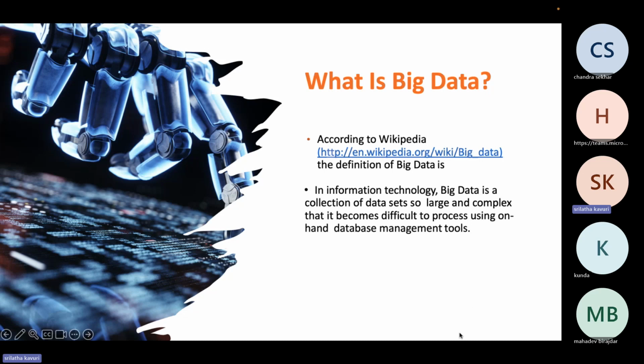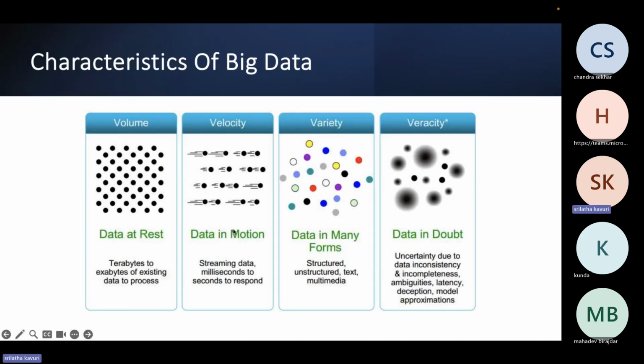So next, the characteristics of big data we discussed are volume, variety, and velocity. And we have one more factor called veracity. Veracity is considered in certain data sets, and it is about the certainty or trustworthiness of the data.